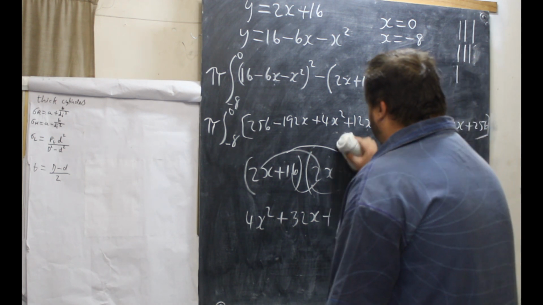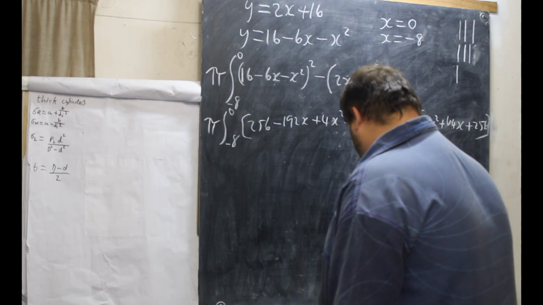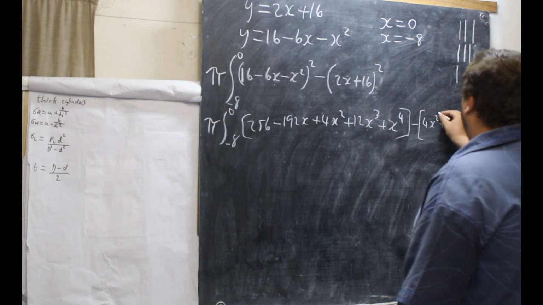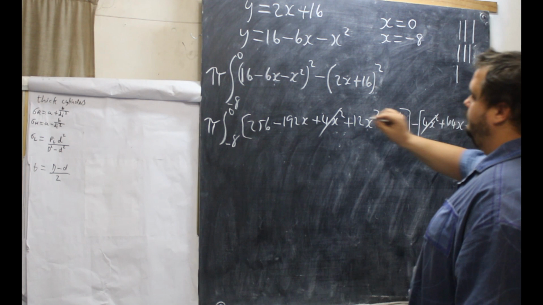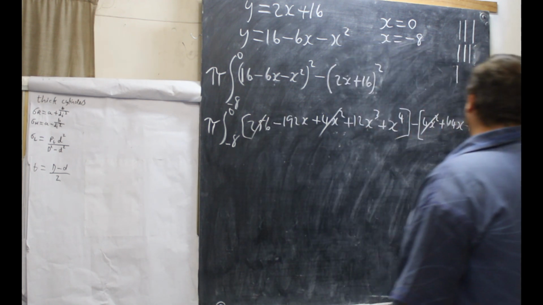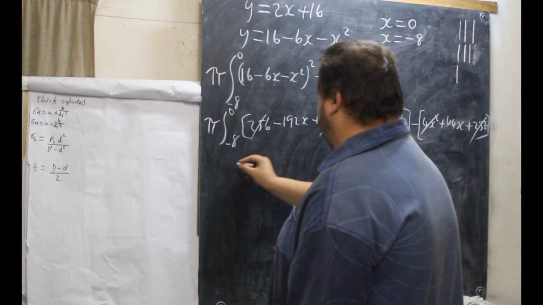Since we've foiled and since we've got everything we need, let's take these down. That cancels with that. 64 adds to that. So 256 and 256 cancel. 64 added to that is 256.